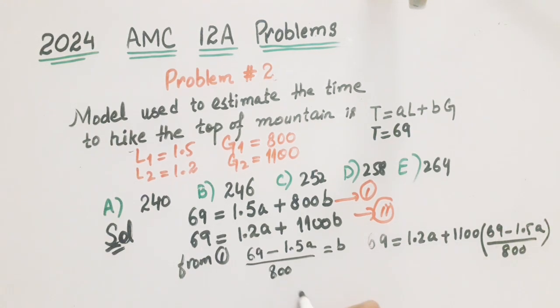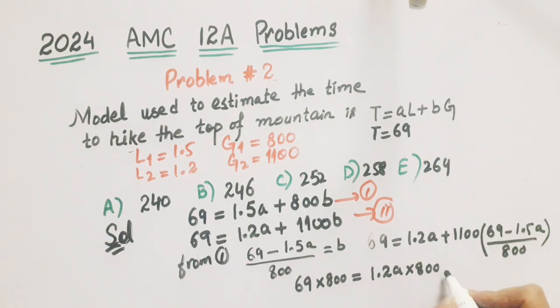So we get 69 multiplied by 800 equals 1.2A multiplied by 800 plus 1100 into 69 minus 1.5A into 1100. Now we will simplify this.